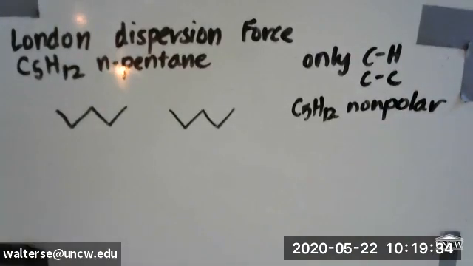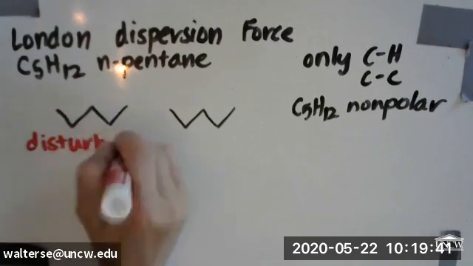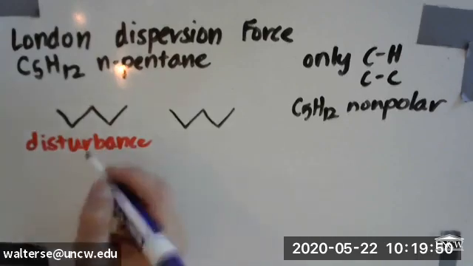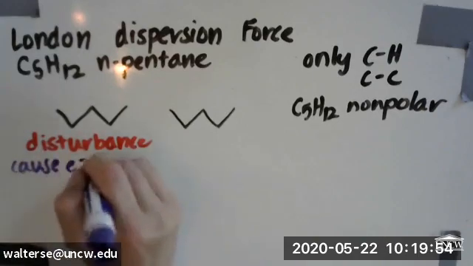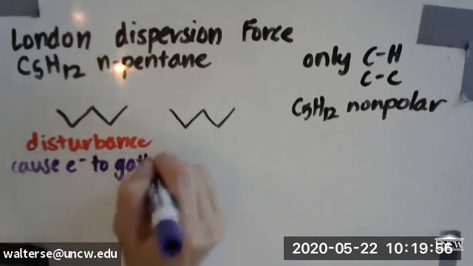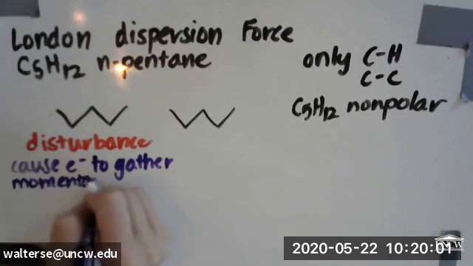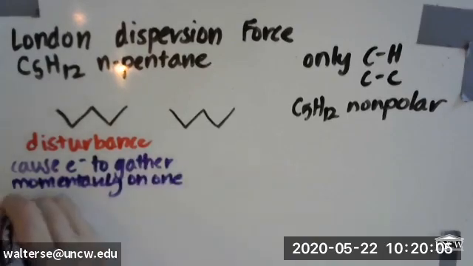But what can happen is you can have some kind of disturbance. It could be math, it could just be the probability of the event taking place. But the disturbance is going to cause the electrons in the molecule to gather momentarily on one side of the molecule.